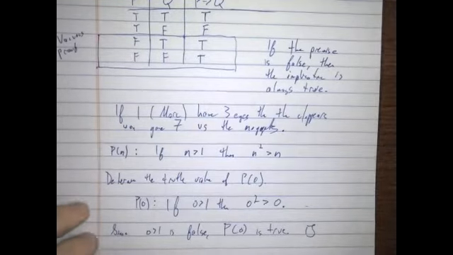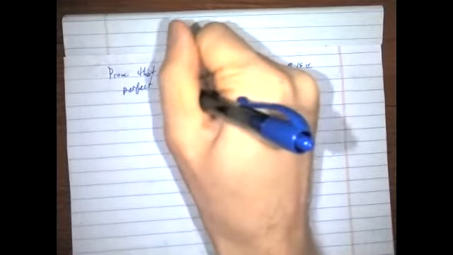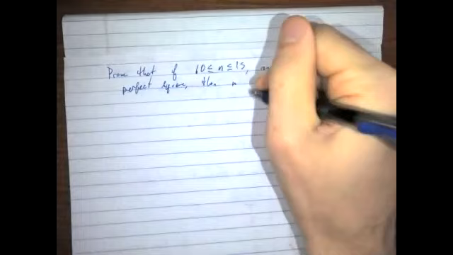Here's another nice example that's coming straight from the book. Here's a vacuous proof. Prove that if 10 is less than or equal to n, and n is less than or equal to 15, and n is a perfect square, then n is also a perfect cube.